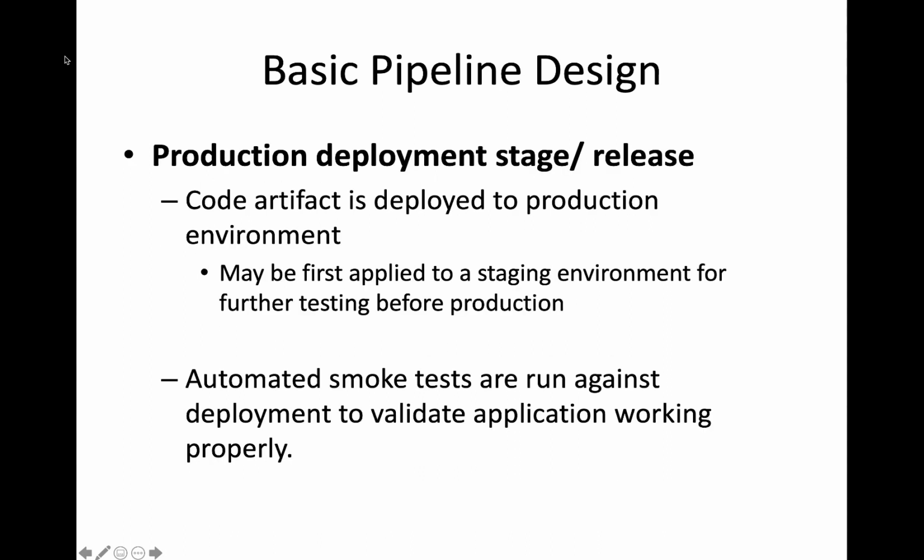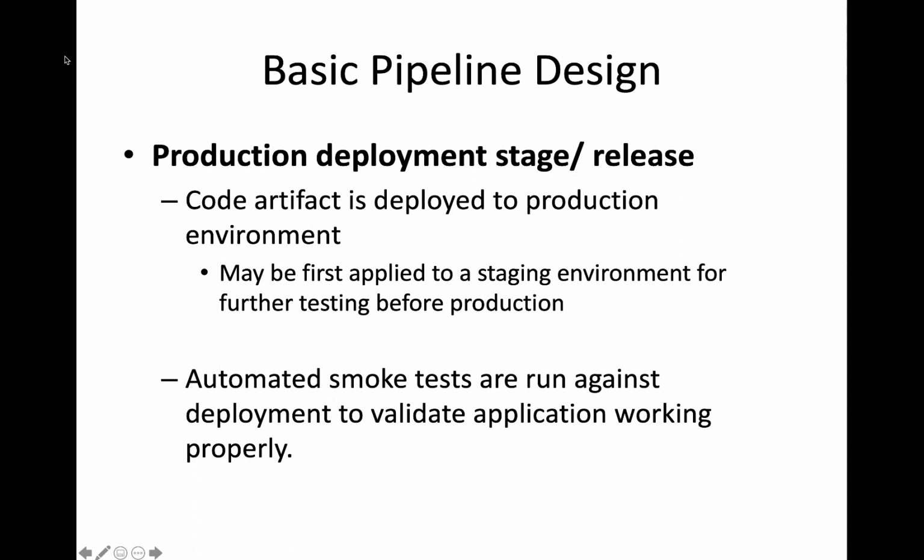Well, after our testing stages have completed, then we will continue to promote our code, typically into some sort of staging environment. So we'll take that code artifact, those code changes, and we'll deploy them into a production-like environment, typically a staging environment.